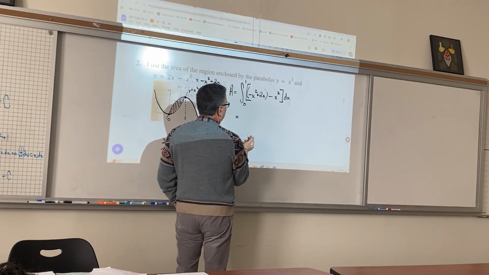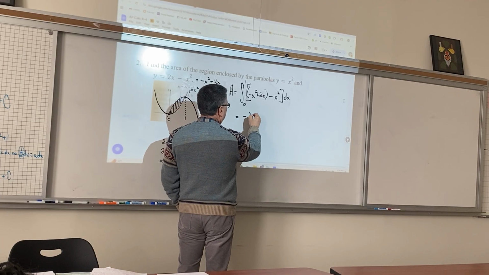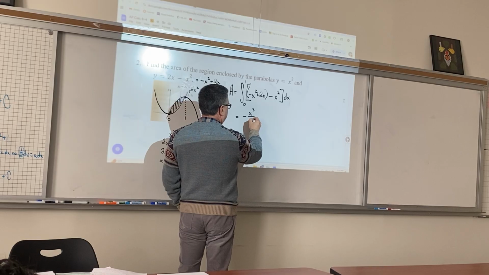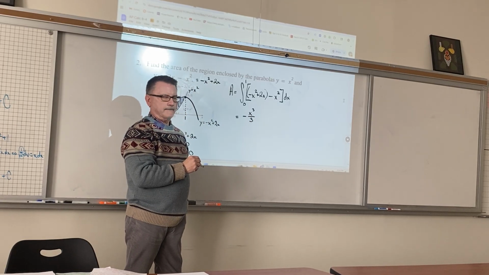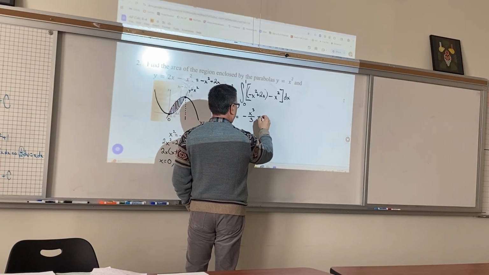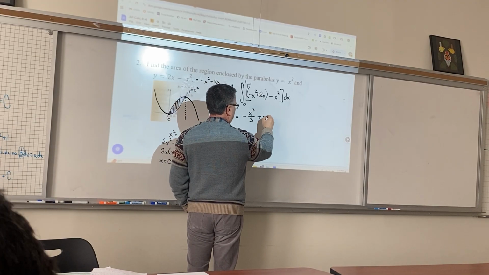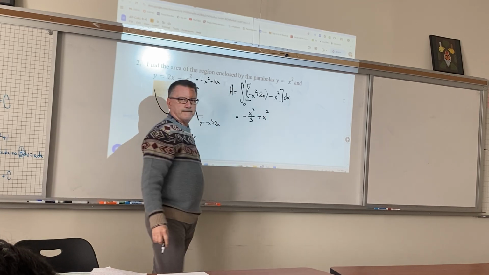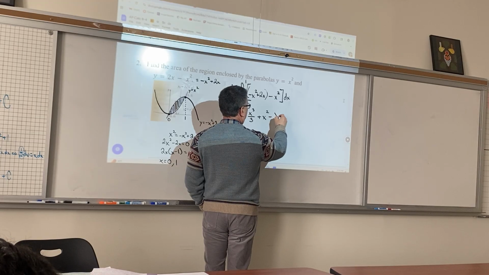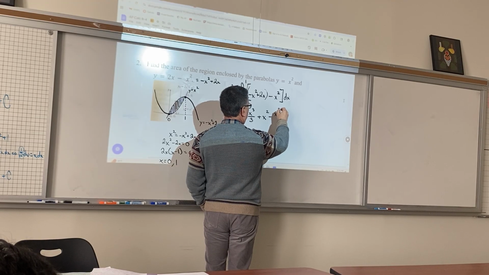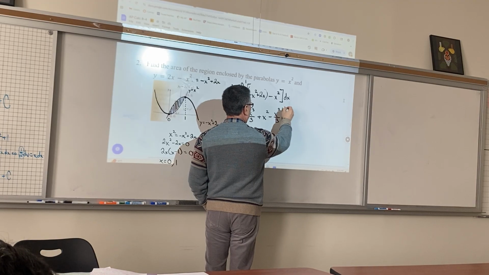Negative x squared is going to be negative x to the third over 3. And this one's going to be x squared over 2 with a 2 out front, so just x squared. And this one's going to be minus x cubed over 3. And I want to take that from 0 to 1.